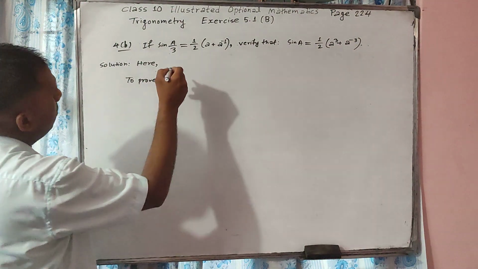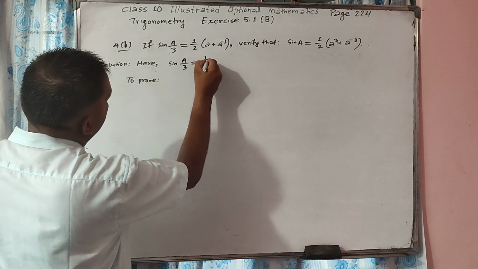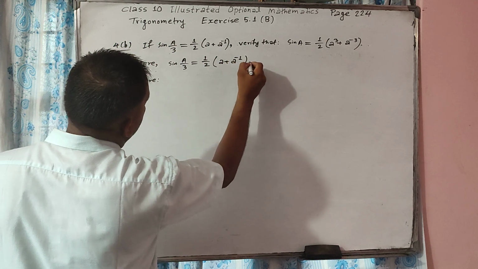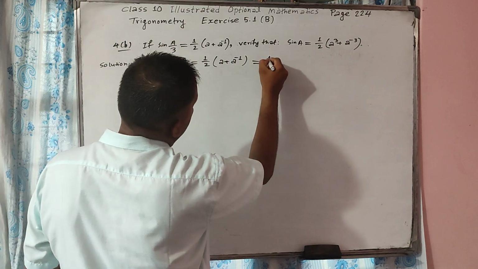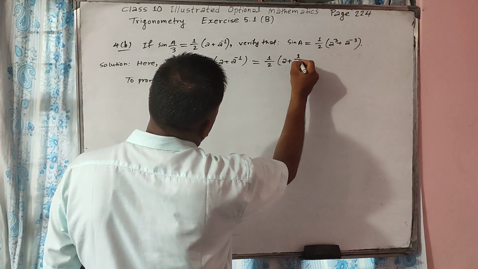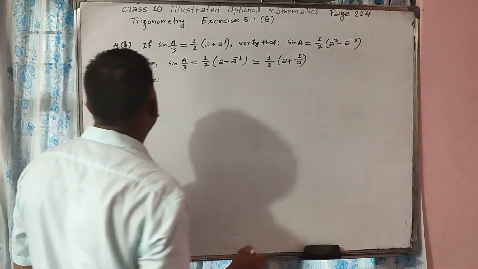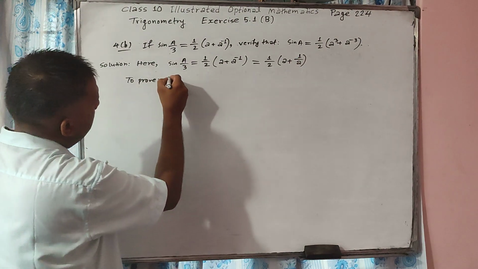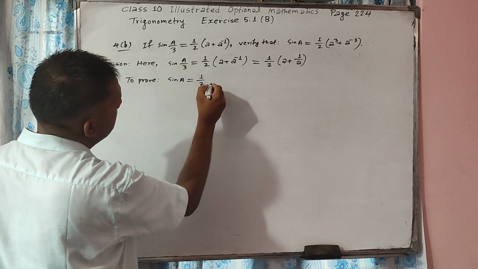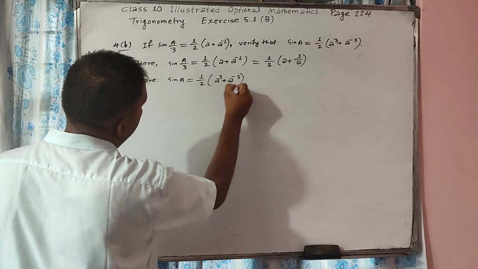Here sin a by 3 equals 1 by 2 times a plus a to the power minus 1, that is 1 by a. To prove sin a equals 1 by 2 times a cube plus a to the power minus 3.